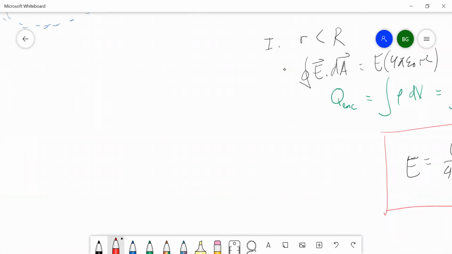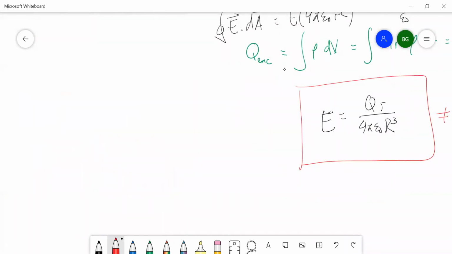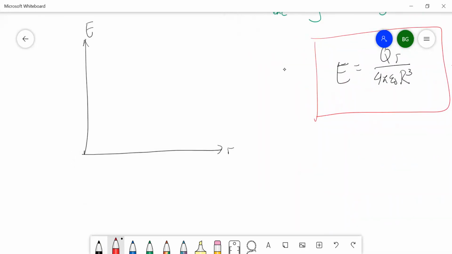So if I draw the electric field versus R, we get that for R equal to the capital R here, the field becomes Q over 4 pi epsilon capital R squared.